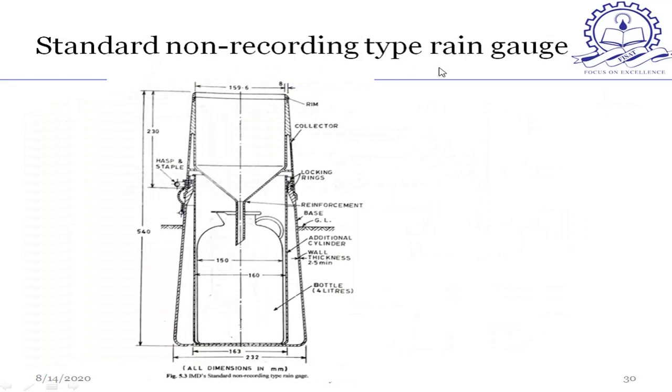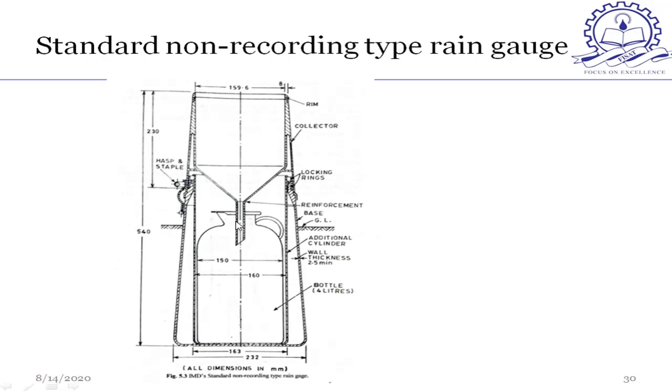Next is the standard non-recording type rain gauge. It consists of a collector and a receiver portion. The receiver portion consists of a base and a bottle. The collector portion is placed above the ground level while the receiver portion is partially below the ground level.